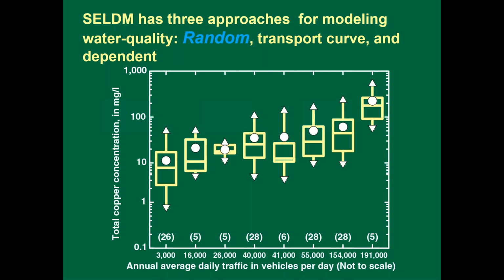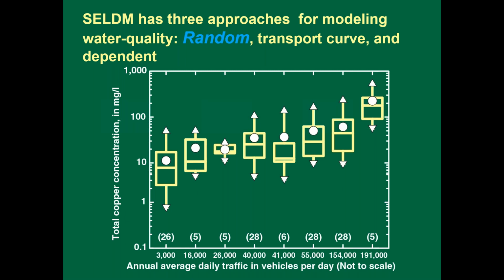This graph is from the Massachusetts Highway Runoff site. We see total copper concentrations in milligrams per liter on a log scale on the vertical axis, and the horizontal axis is not a numeric scale, it's just a group scale, showing the average daily traffic in vehicles per day.